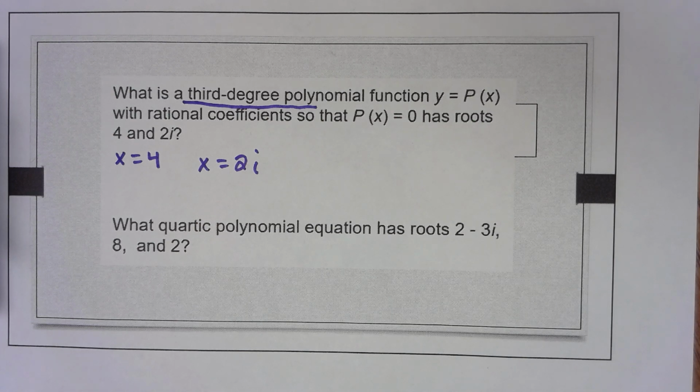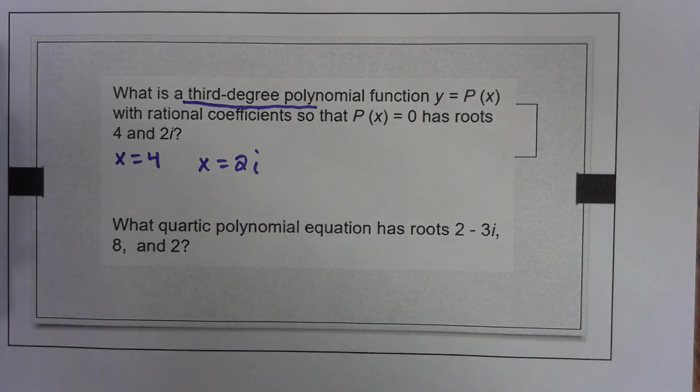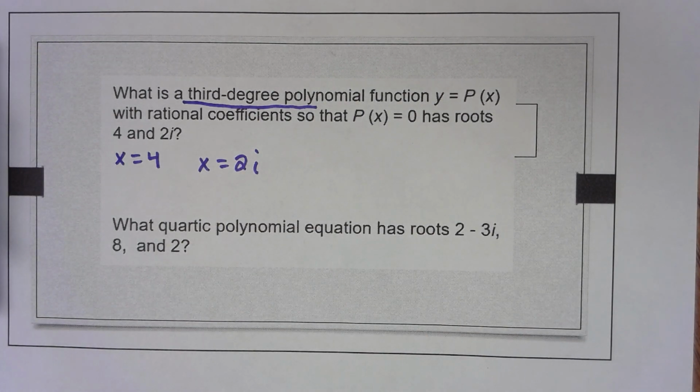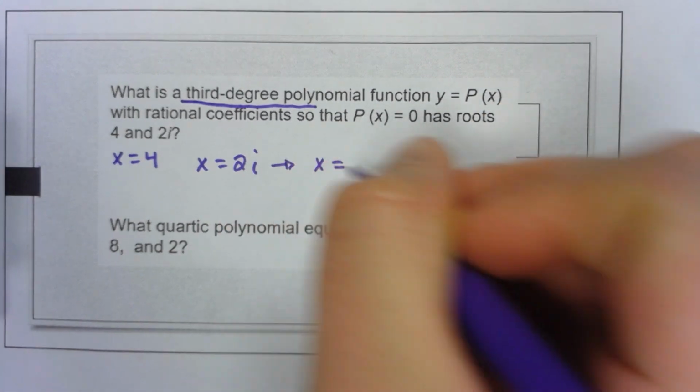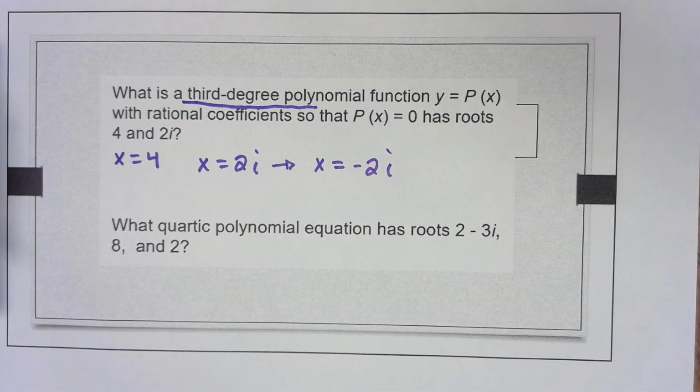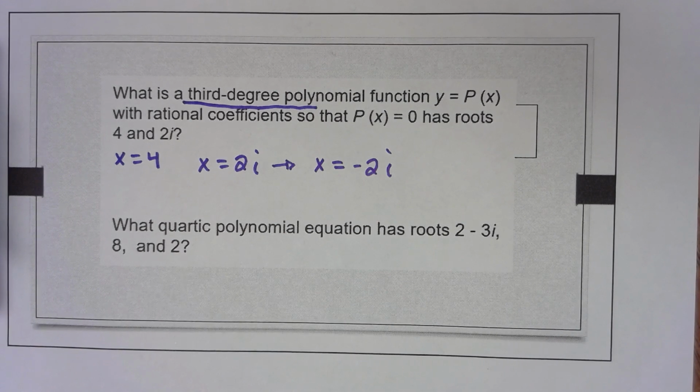So I'm like, okay, what else could be missing here? Oh yeah, if I have an imaginary solution, it occurs in a pair. So having 2i as a solution automatically tells me that -2i is also a solution. That's the conjugate root theorem at work there. Now I have 3 solutions.